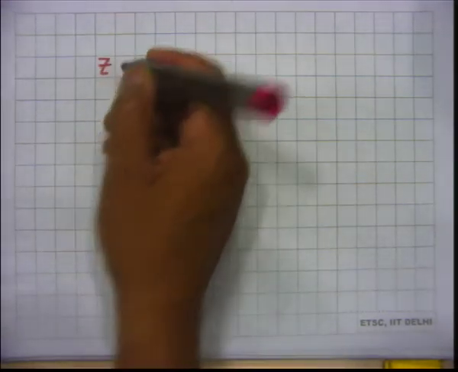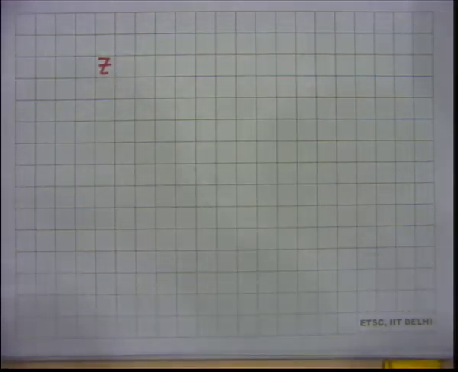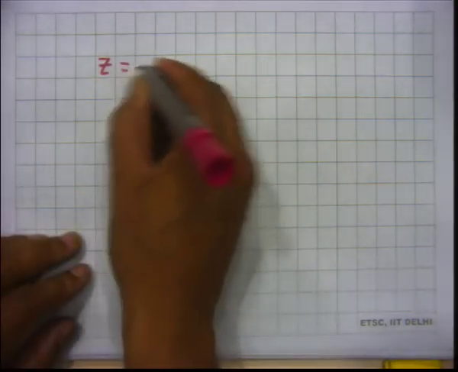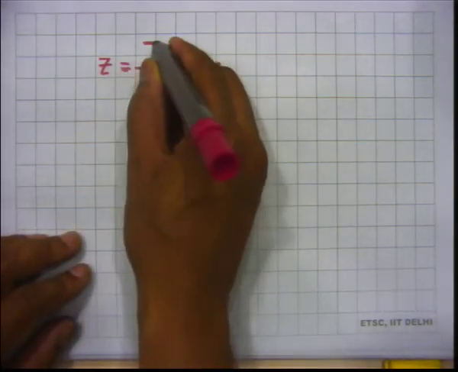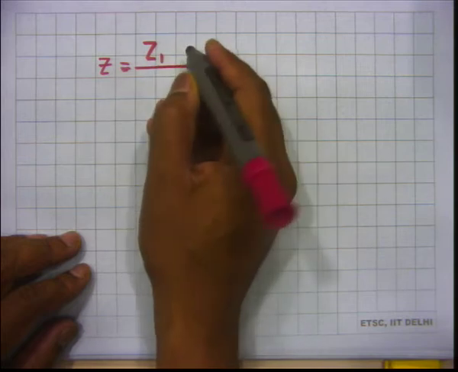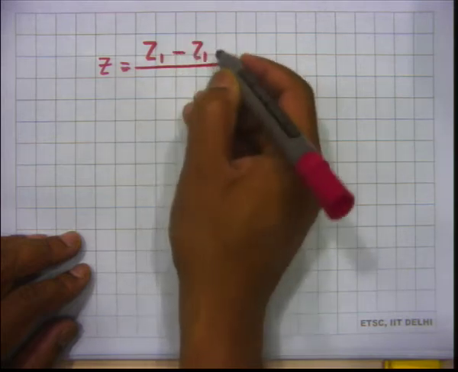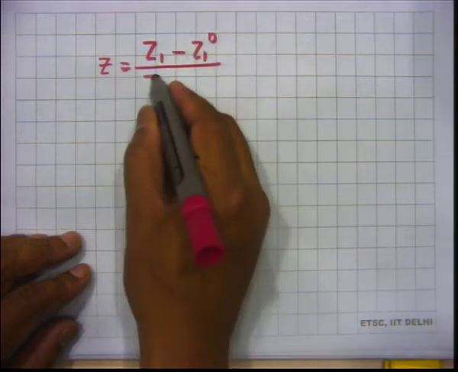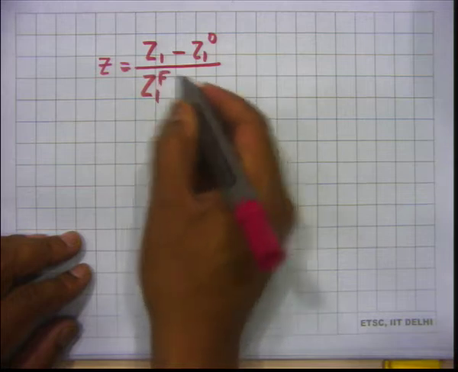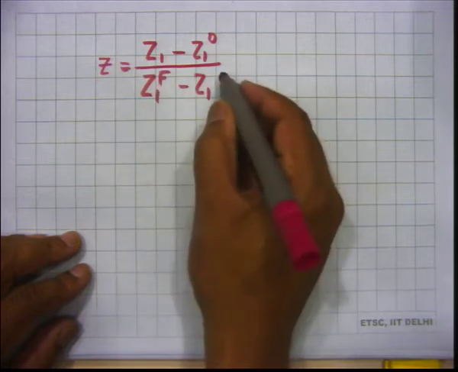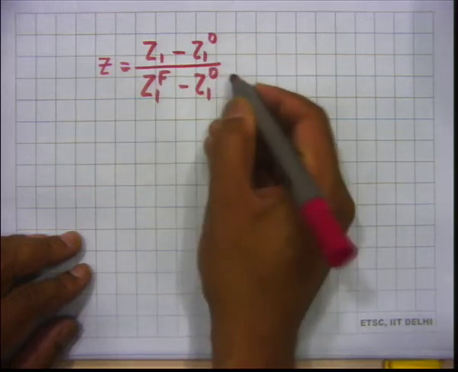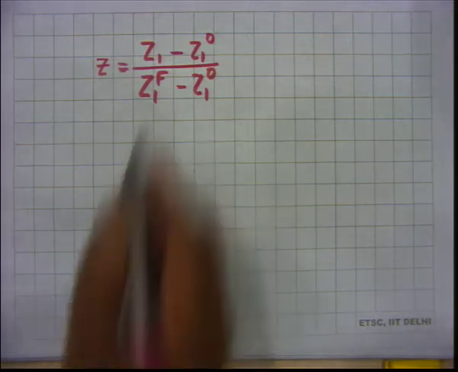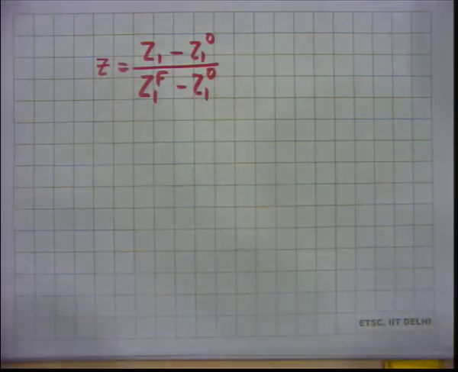Small z equals the definition Z minus Z O by ZF minus Z O. So in the fuel stream it will become equal to 1.